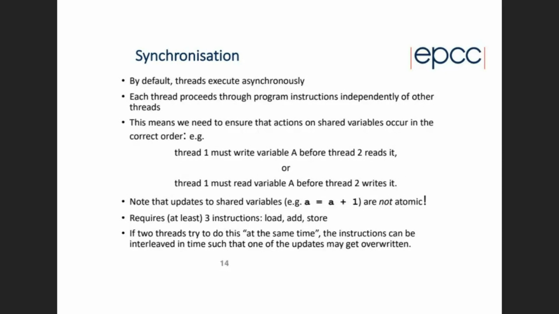But sometimes we have data dependencies the other way around. We might want, for example, thread 1 to read the old value in variable A before thread 2 writes something new into it. So we can have dependencies both ways around.